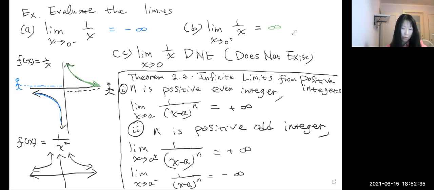Vertical asymptote, horizontal asymptote. Then when x approaches 0 from the left, what is the limit? Positive infinity.